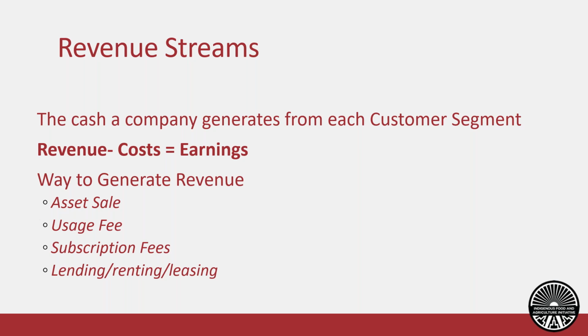This is how Netflix makes their money. Every single month, they provide a service to you, a consistent service, but they charge you a subscription fee every single month. Lending, renting, leasing, these are pretty self-explanatory. You provide a place or a space or a physical asset, and folks pay a price for that to use that.